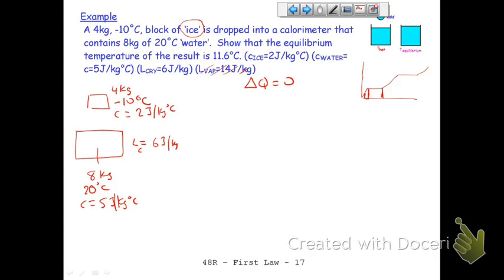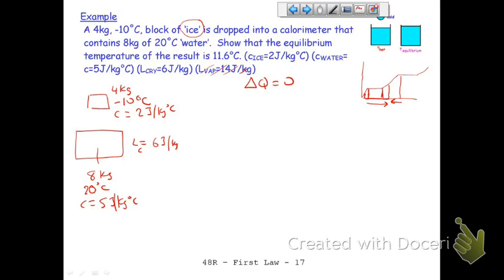I need another term for the melting of the ice. And then the ice water gets heated up to its final temperature. And all of this is paid for by the cooling of that hot water. Does that make sense? Conceptually?